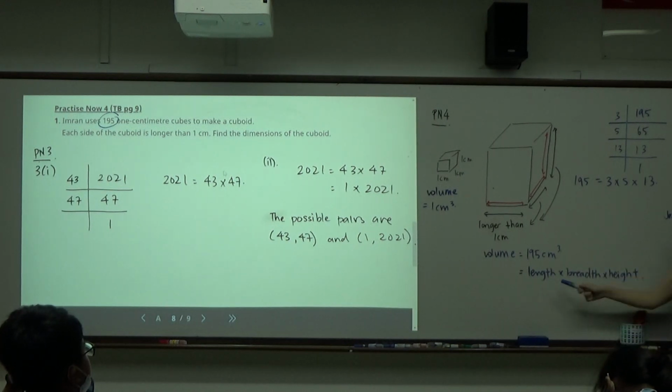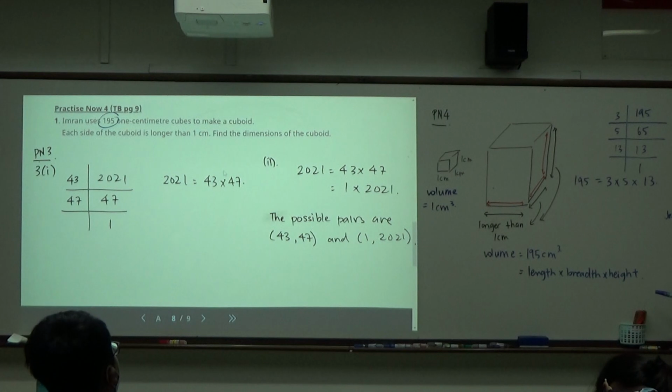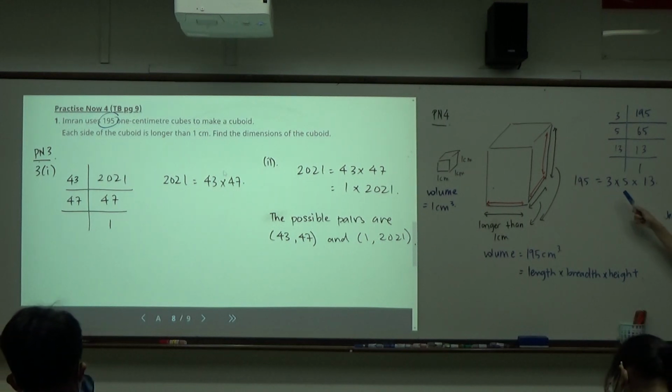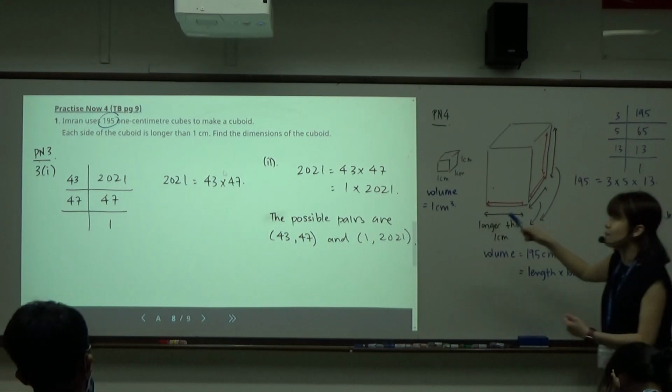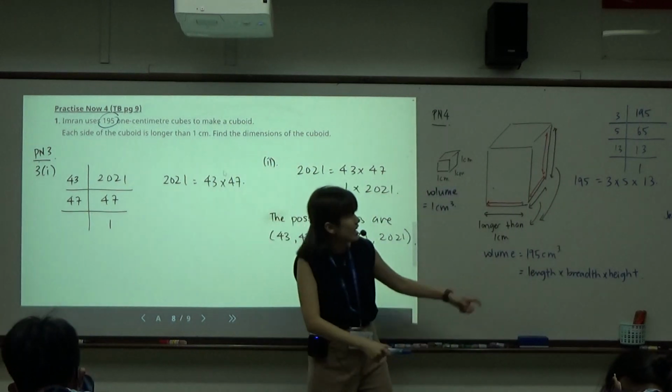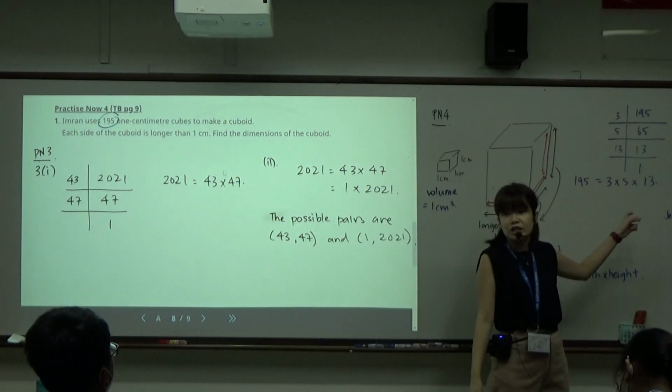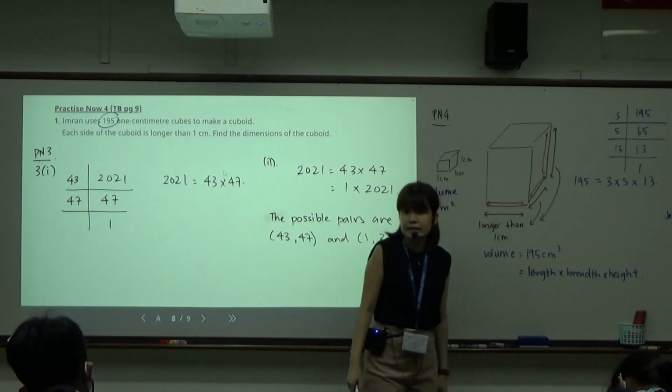And we're looking for length, breadth, and height. What this means is that my length, breadth, and height, the dimensions of the cuboid, can only be of this combination. Understand what I'm trying to say?